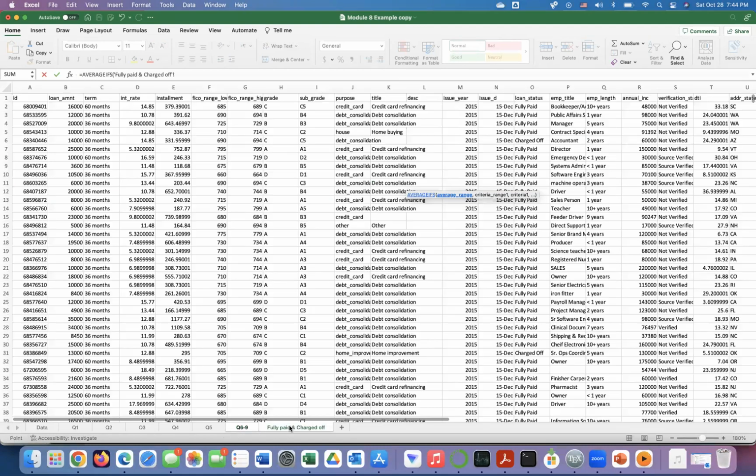Average interest rates on fully paid grade A. So this guy, A, and then loan status fully paid.